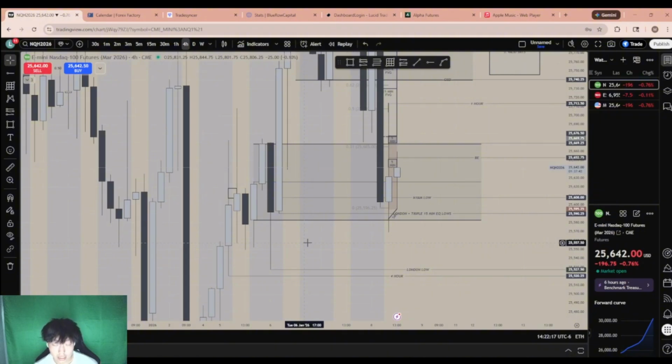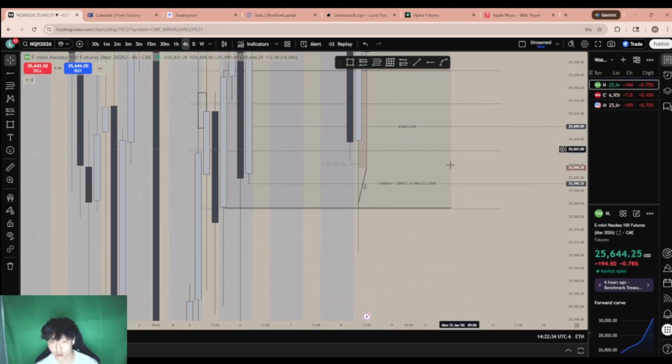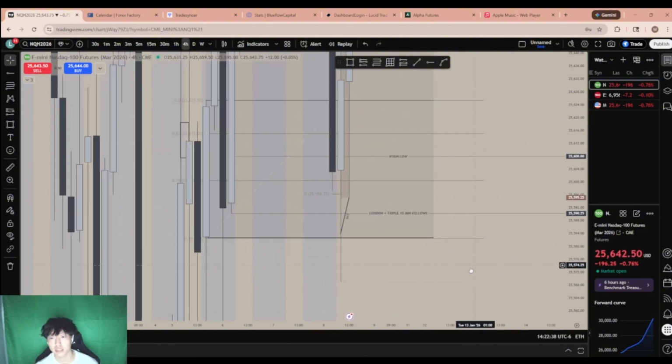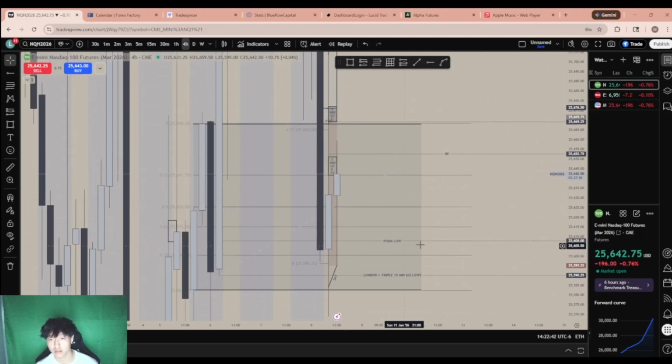And as you can see, consequent encroachment is the 50% mark of a PD array. But using the Fibonacci as well, you can see that there are no closures past this 0.79 mark of this PD array. Okay, and then it reverses.